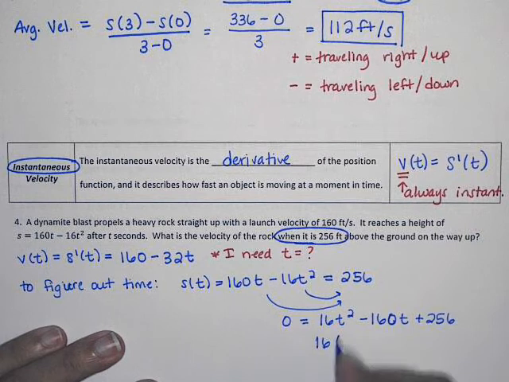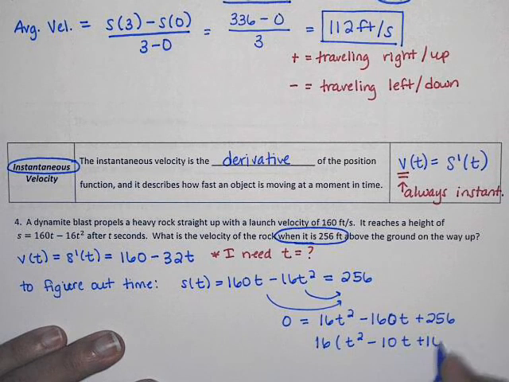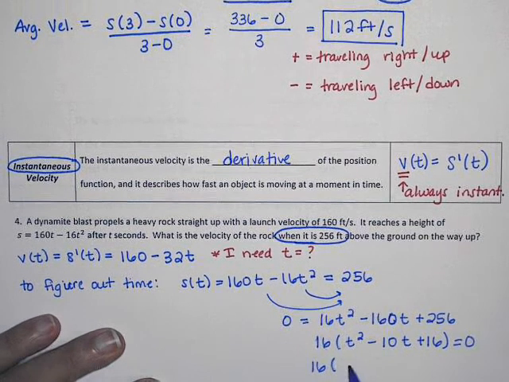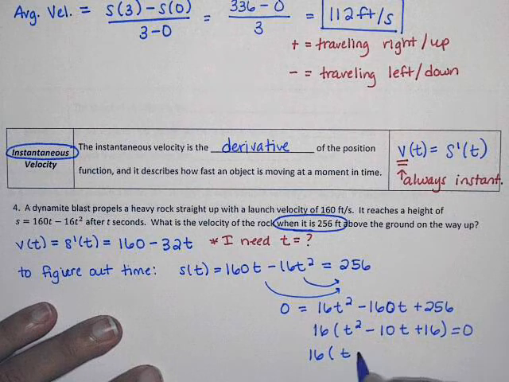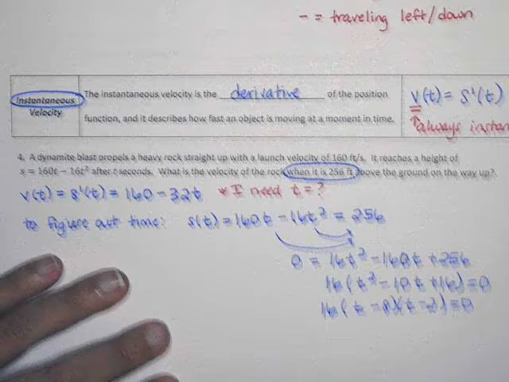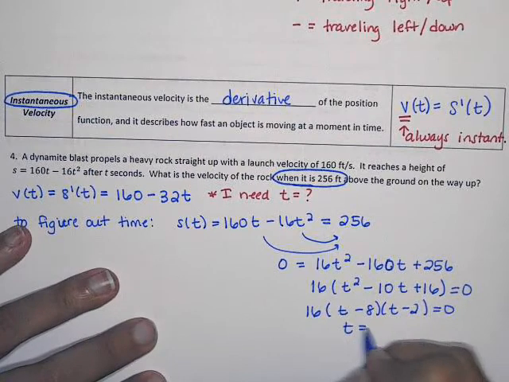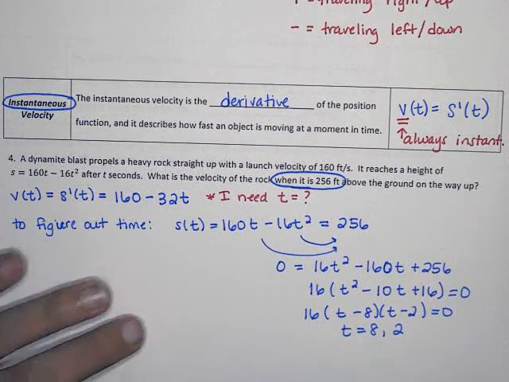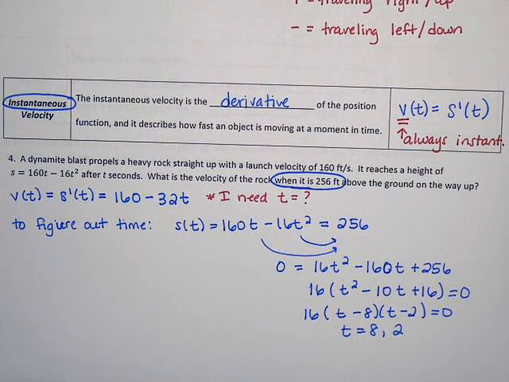Now if I factor out a 16, I would have t squared minus 10t plus 16 equals 0, which factors to be t minus 8 and t minus 2. So my two different times when I would be 256 feet above the ground are at 8 seconds and 2 seconds.